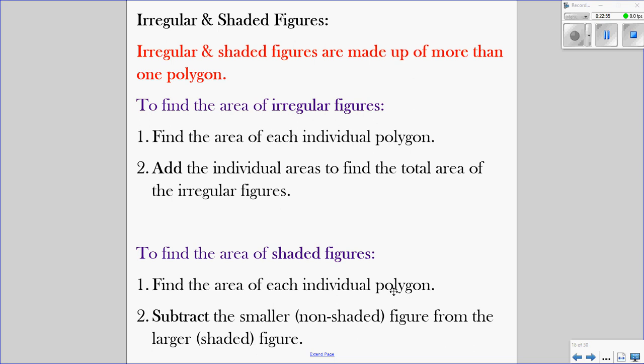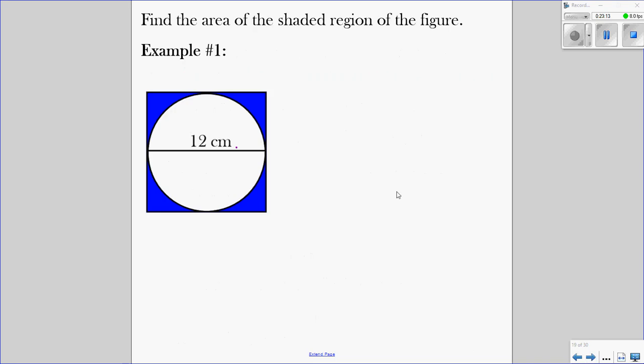It's like if you had a box surrounding a ball. You pull out that ball and you have that empty shape of the ball, which created a circle. You want to know what was left over. So that's what we're going to be doing.